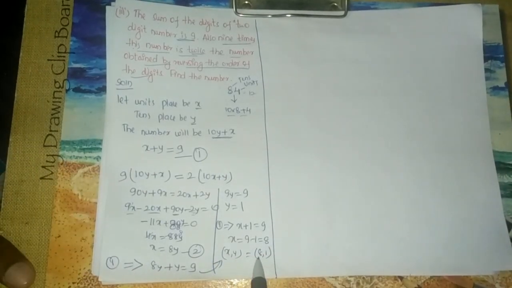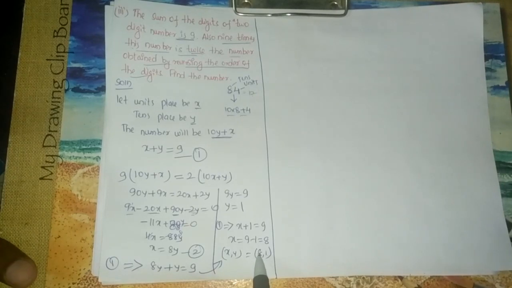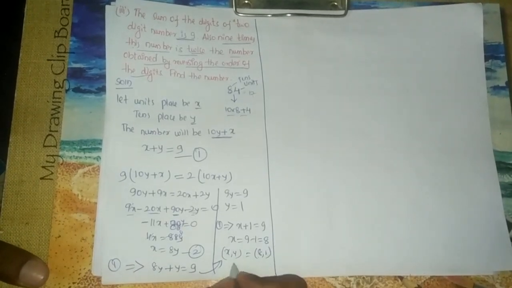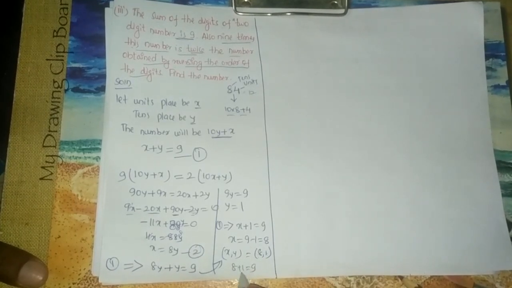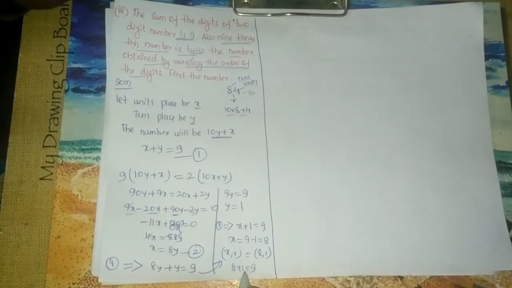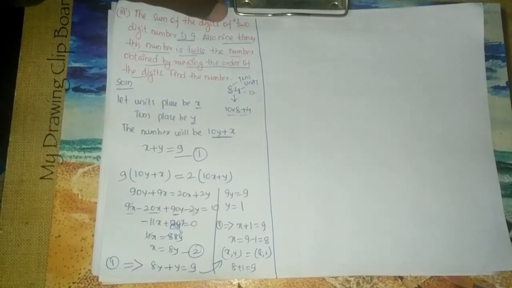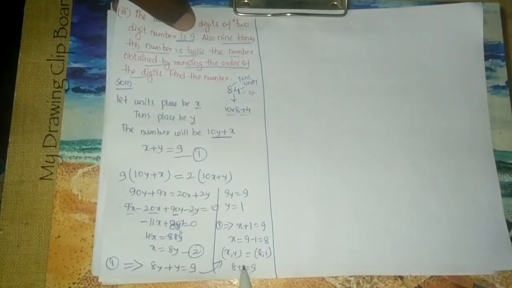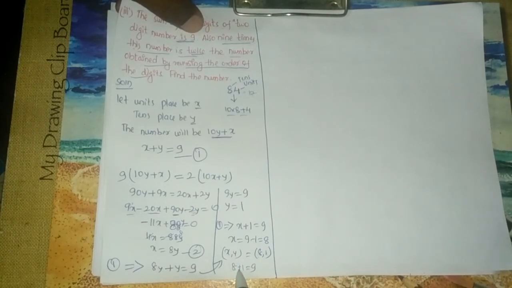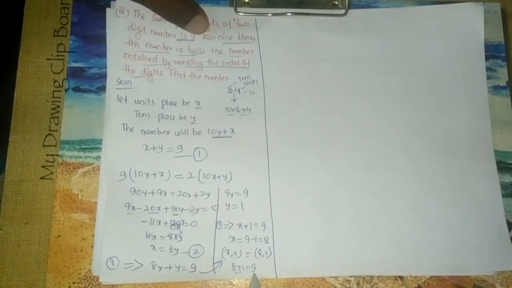Now add these two digits, we get the required answer, 8 plus 1 is equal to 9, which is the first sentence: the sum of the digits of a two digit number is 9.